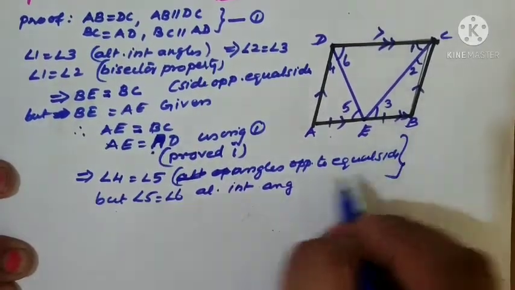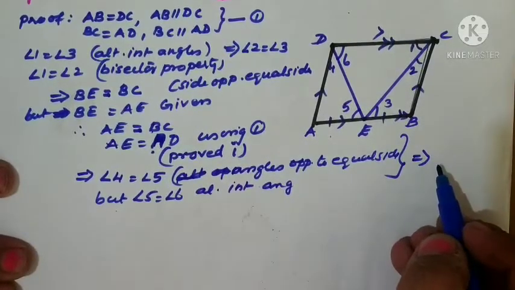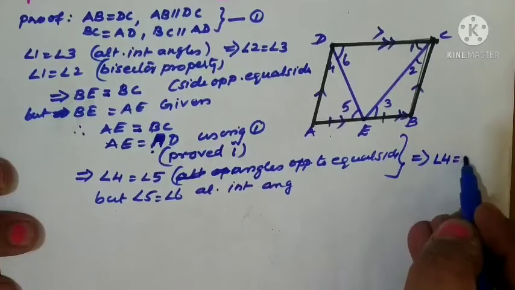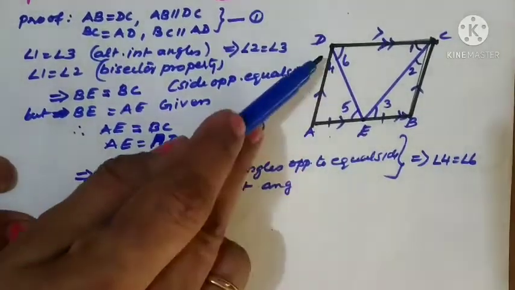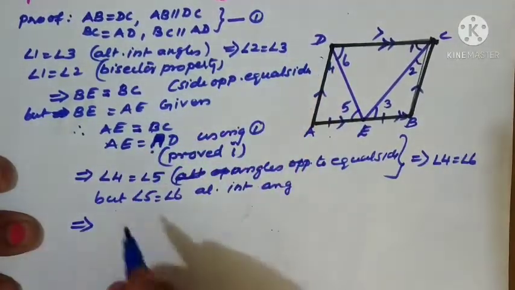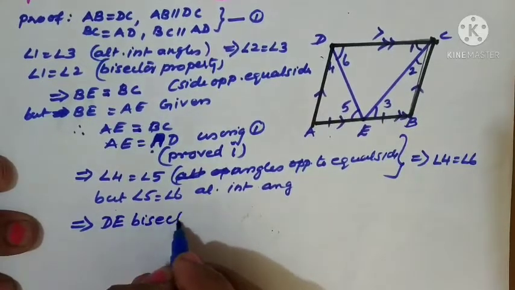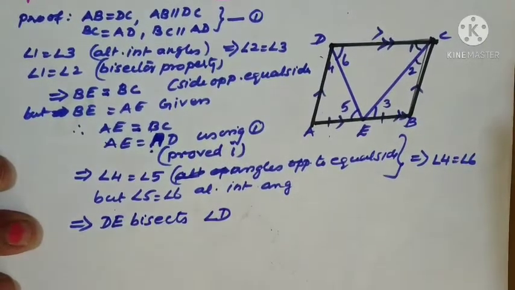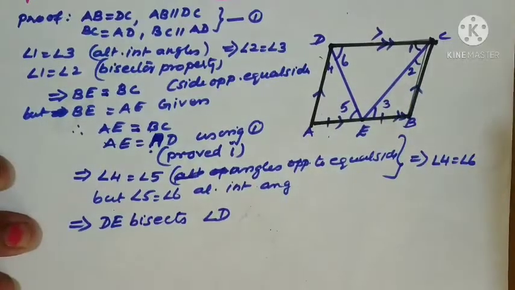By these two results, what you can write, angle 4 equals angle 6. Angle 4 equals angle 6 means what we can say, DE is bisecting angle D. So 4 and 6 are equal, and we already have that 1 and 2 are also equal.